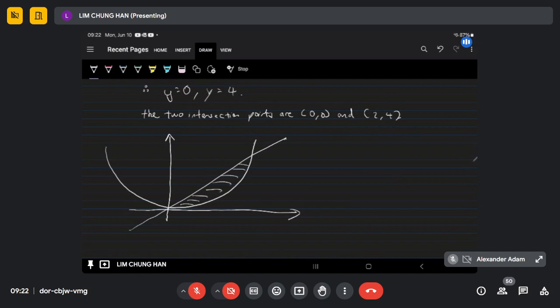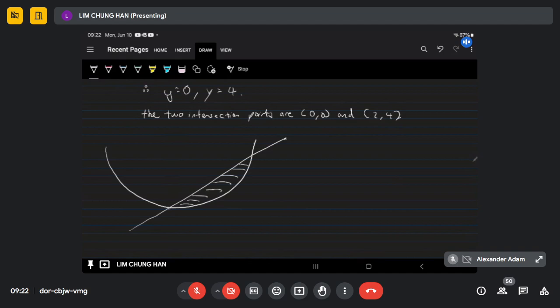Our two curves, I can even delete this to make it clearer. Without plotting this on x and y, I intentionally delete this x and y. You can still know the two intersection points are (0, 0) and (2, 4).